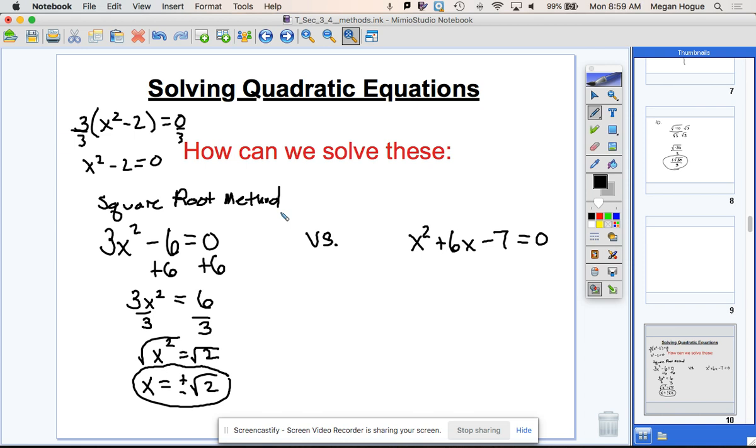And then let's look at this other one. This other one, we've got x squared plus 6x minus 7 equals 0. Do you think I can do that square root method here? Some of you are saying maybe, some of you are saying no. I would agree with the people that are saying no, but can you tell me why?